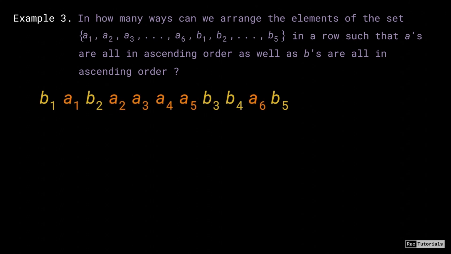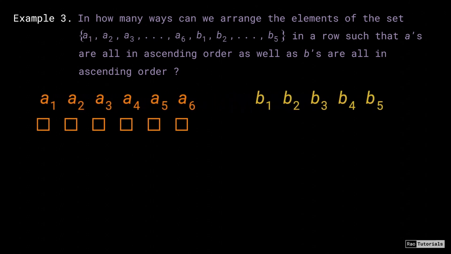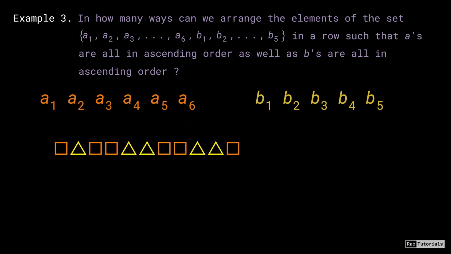To do so, consider 6 squares for 6 A's and 5 triangles for 5 B's and arrange them. Since squares represent A's and also because A's have to be in order, the first square is A1, next square is A2, next is A3 and so on.